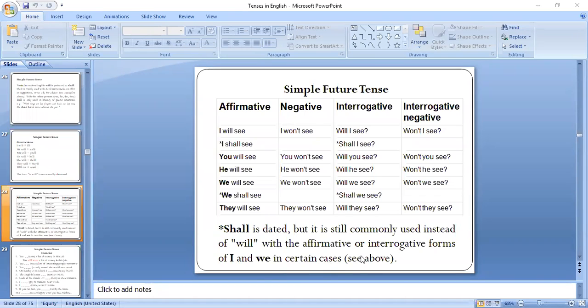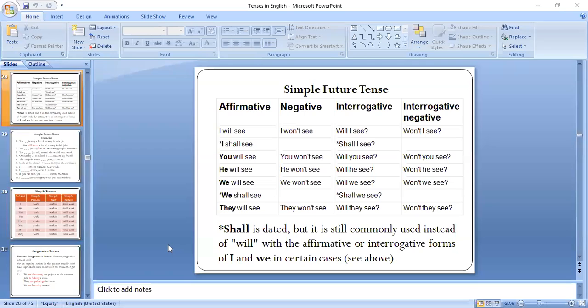There are certain cases in which we use shall. So this is the simple future tense and its chart of affirmative, negative, interrogative and interrogative negative.